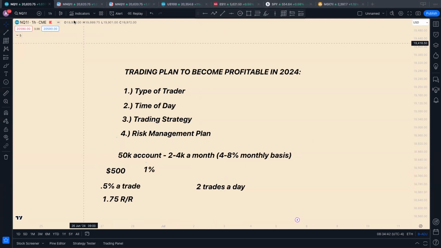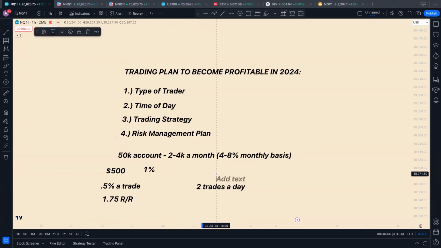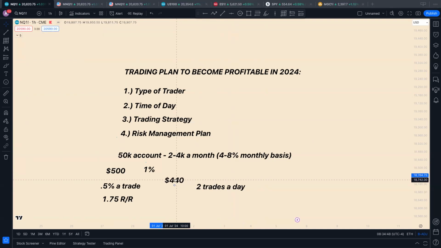Let's just say 440 to round it up. So I'm risking 0.5% a trade with a 1 to 1.75 risk to reward on average. My average win is going to be 440 a day.